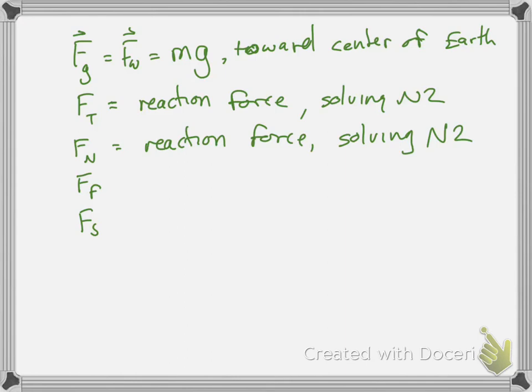But if I push down on that box, and this was the example we did in class, if I add an additional force in the downward direction, then the normal force compensates for that. And so even though it's a 150-pound box, if I'm pushing down on the box with an additional 50 pounds, then the normal force must be 200 pounds. We'll do an example showing that in a second.